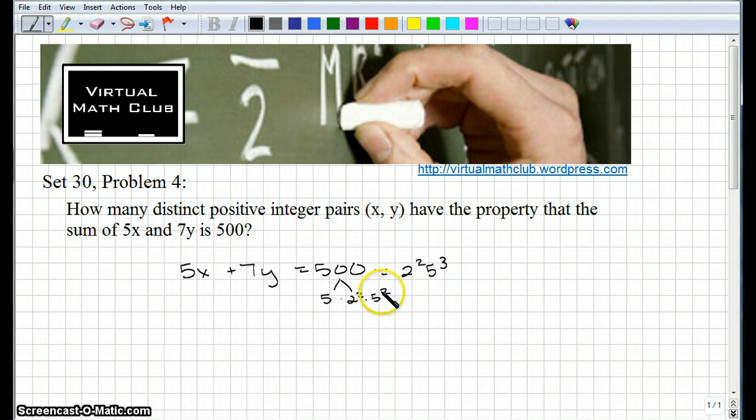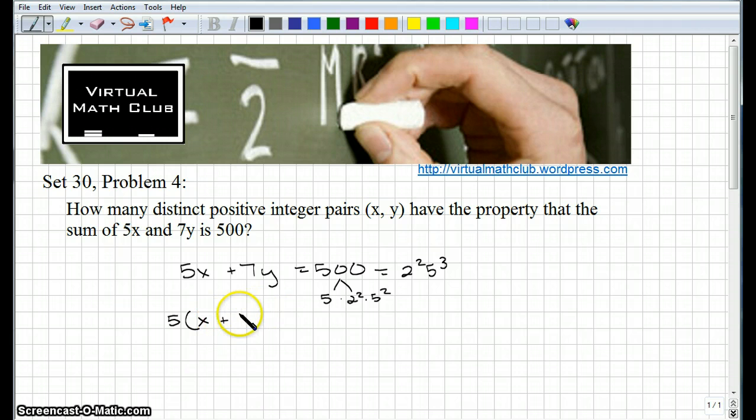So you know that the prime factors are 2 and 5, so you ought to be able to factor a 5 or a 2 or 4 or an 8 or a 15 or a 10 out of here. And I can see a factor of 5 in this term. So what I want to do is take the factor of 5 out.